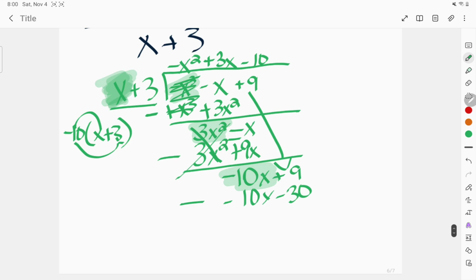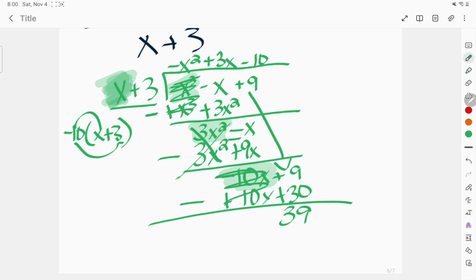All right, so I'm going to subtract, which changes those signs. Okay, so these are going to cancel. That's going to leave me with 39.